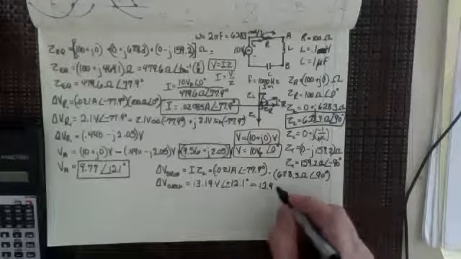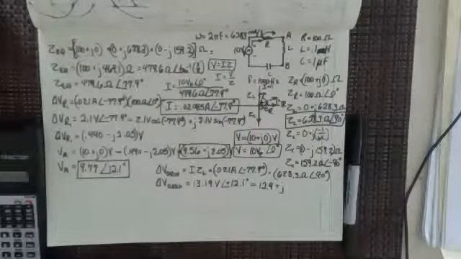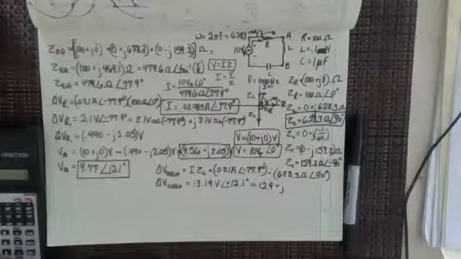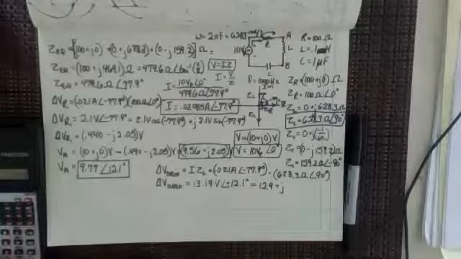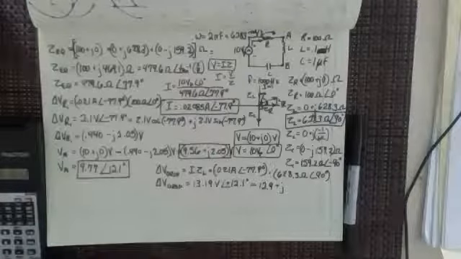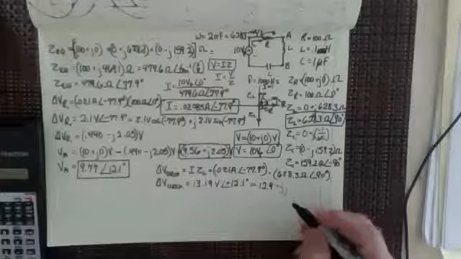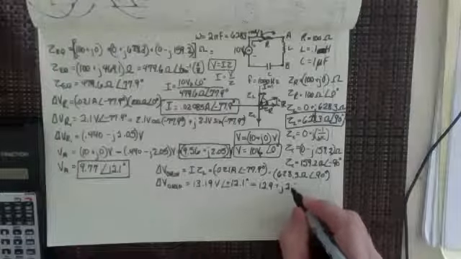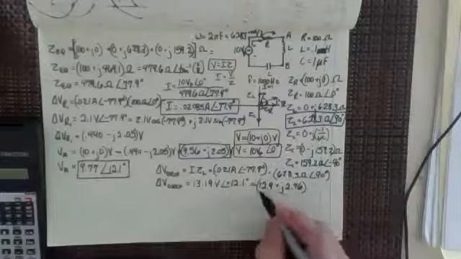So I've got 12.9 plus J, and let's do the same thing. 13.19 times the sine, in this case, of 12.1. And that ends up giving me 2.76. And of course, what are we really talking about here?